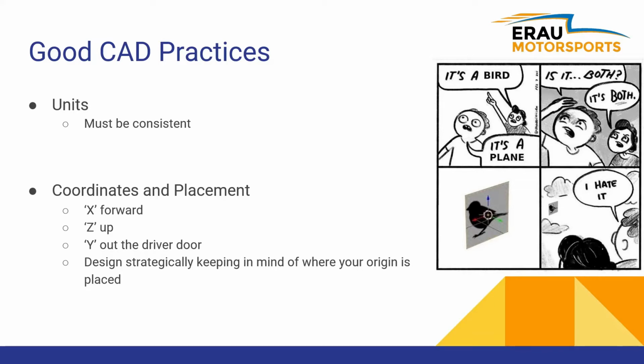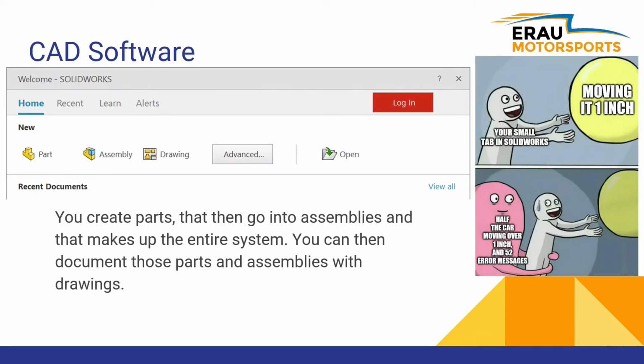And so the program we will be using for CAD is SolidWorks. SolidWorks is a computer-aided design and engineering program that is centered around sketch-based modeling, meaning most of the models start off with a 2D sketch.